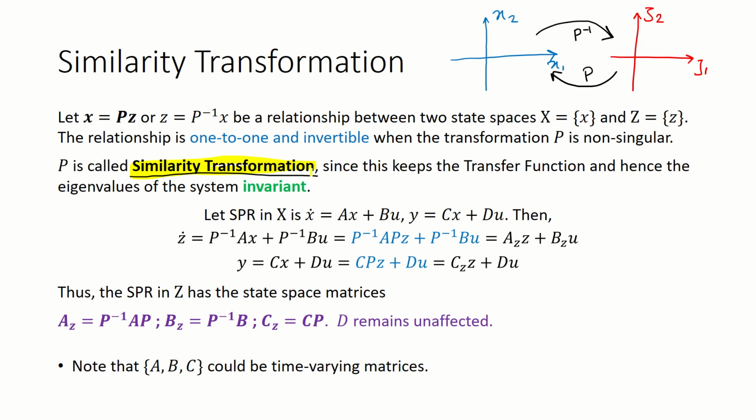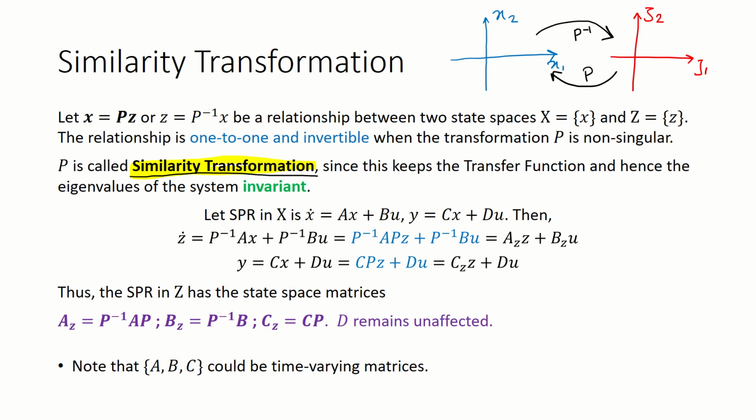Why the term similarity? Because it keeps the transfer function, and hence the eigenvalues of the system, invariant. So the transfer function remains invariant. We have already noted that we are deriving many different state space representations from the same transfer function.